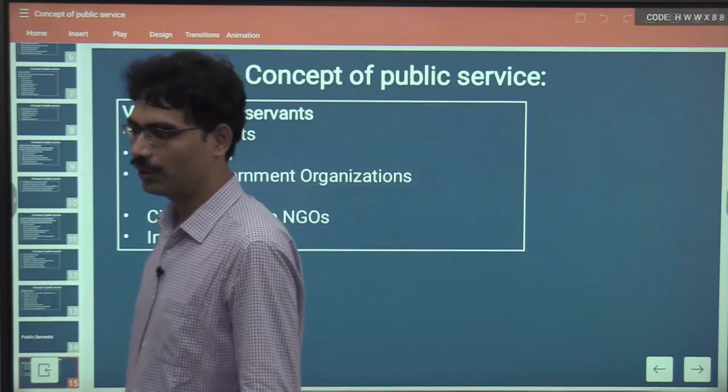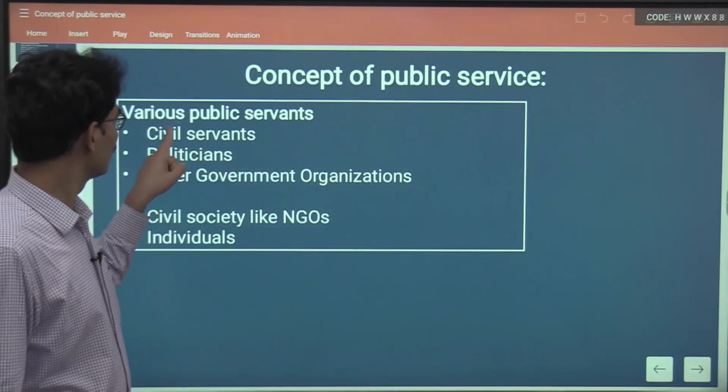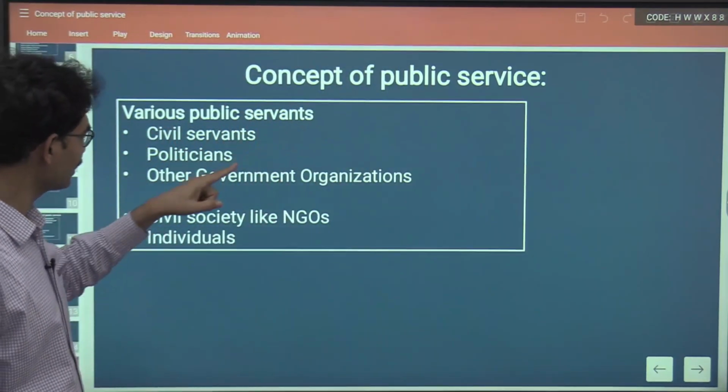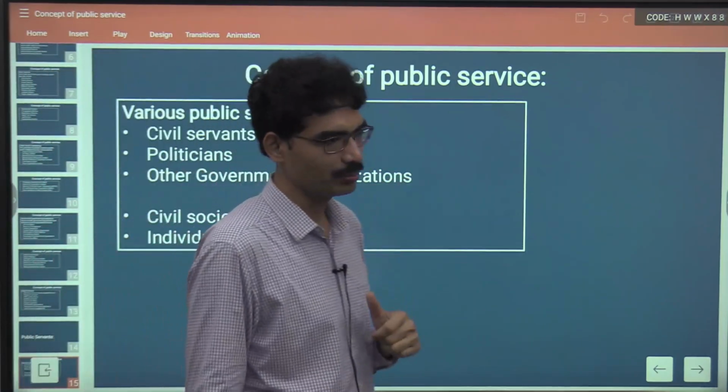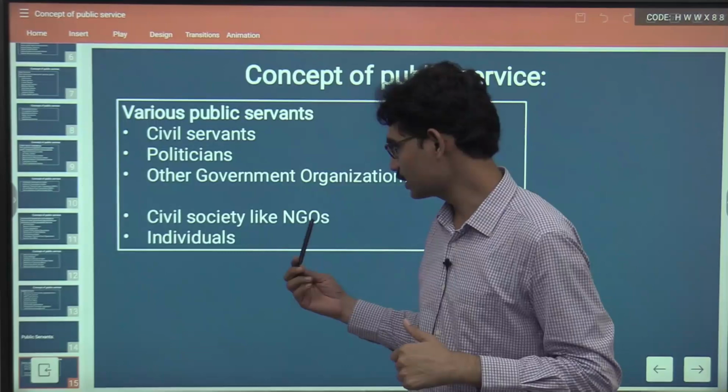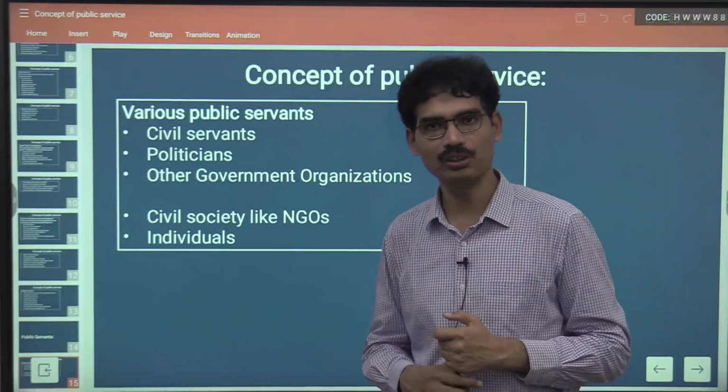This is how, when it comes to public service, civil servants do public service, politicians also do public service, other government organizations also do public service, and civil societies like NGOs and individuals also do their services.